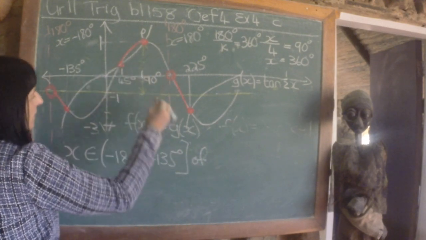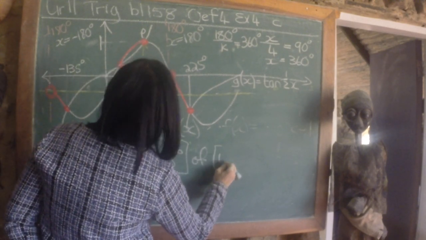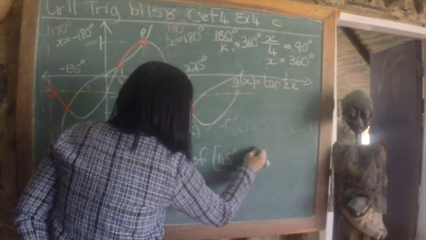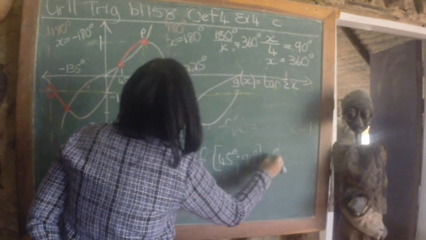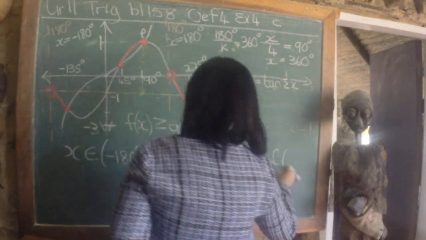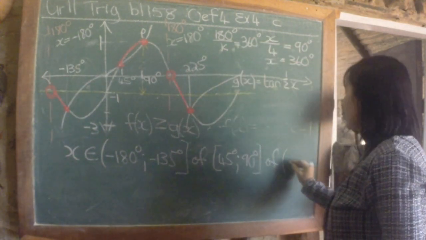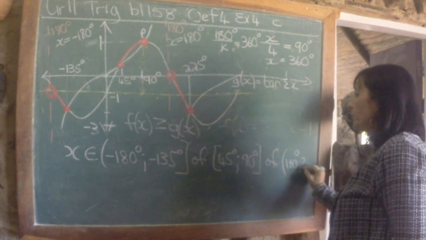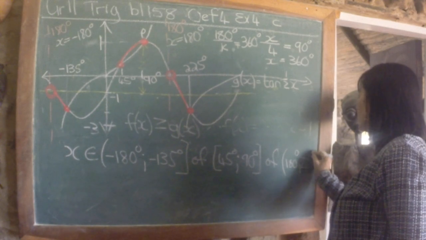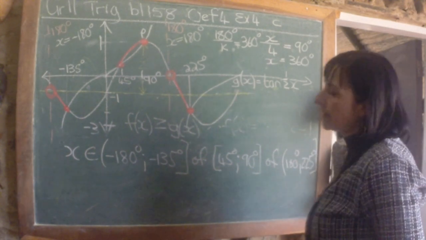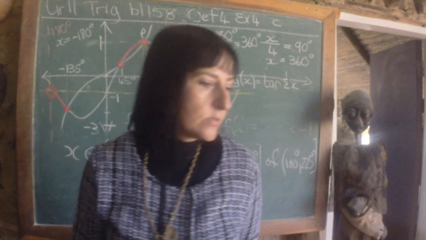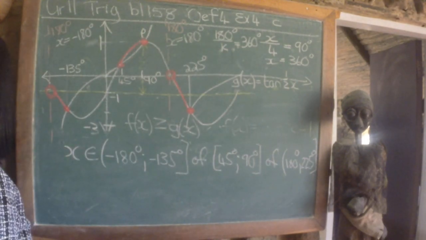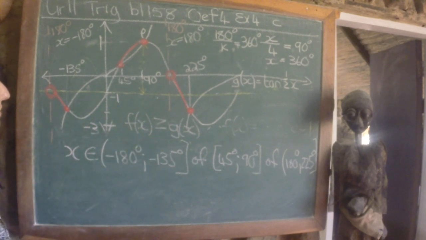Of dan van 45 grade af, presies tot op 90 grade, of, en dan daai is 'n oop hakkie, want daar is 'n asymptoot, so dit is 180 grade, tot presies op 225 grade, vierkantige hakkie, and I've written down my solution, where fx is greater or equals to gx.